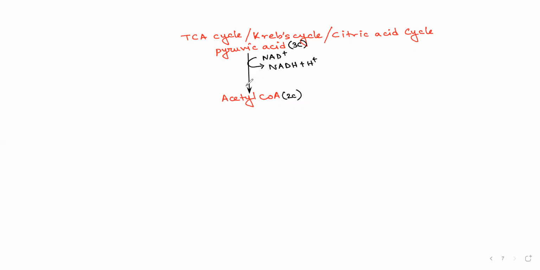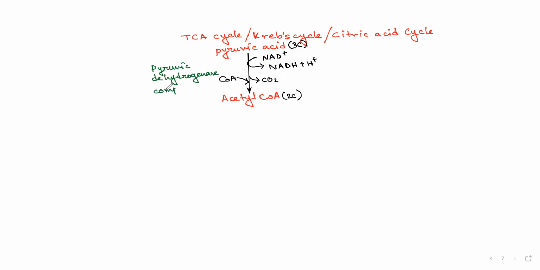Apart from that, there will be release of CO2 and there will be addition of CoA, that is coenzyme A. The enzyme responsible for this process is pyruvic dehydrogenase complex.